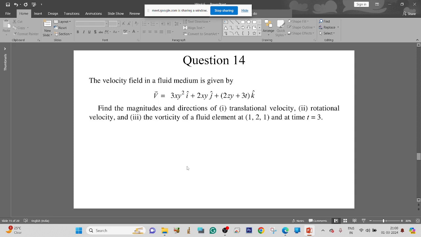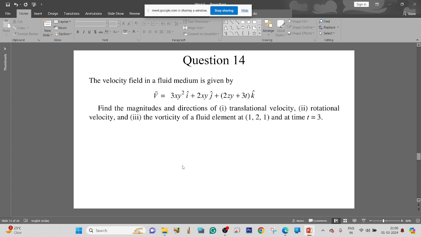Okay, so this is the next question. The velocity field in a fluid medium is given. We need to find the translation velocity, the rotational velocity, and the vorticity. Translation I have already told you how to calculate. We'll just find the velocity vector: in x, y, z you'll just put the values, and t is also there.